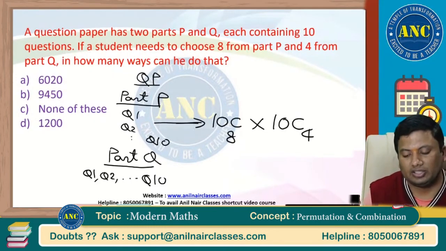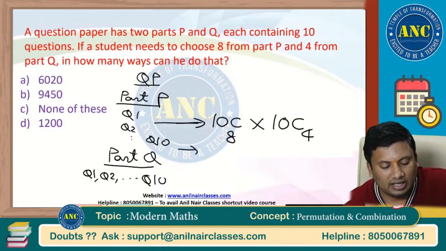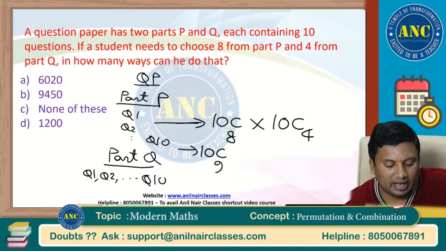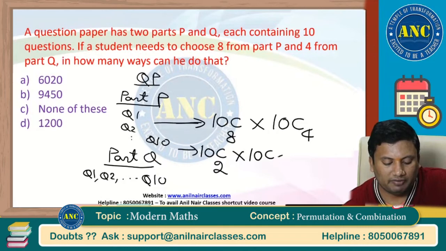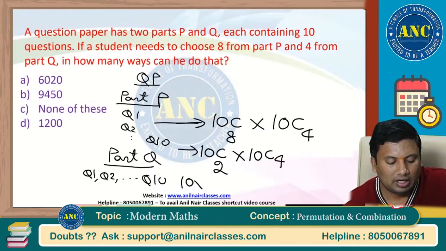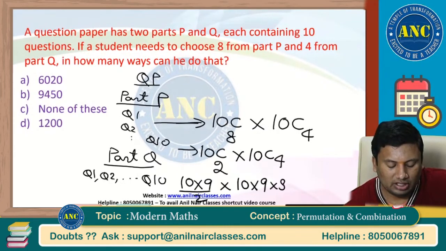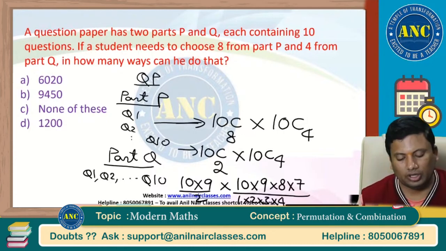So 10C8 into 10C4. 10C8, out of 10 selecting 8, it is rejecting 2. So 10C2 into 10C4. This is nothing but 10 into 9 by 2, into 10 into 9 into 8 into 7 divided by 1 into 2 into 3 into 4.